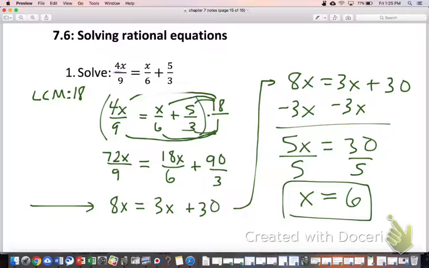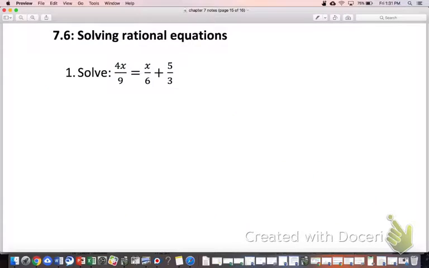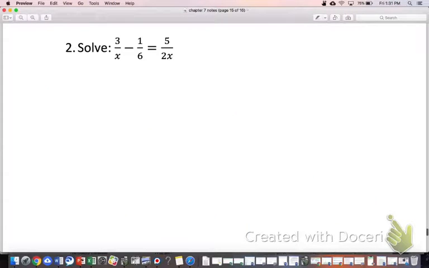Okay, so let's take a look at example number 2. I want to kind of help you with this one, getting started. Notice, similar form, but this time, denominators have x's. It's not really going to change our strategy, but it might change the way some of the intermediate steps look.